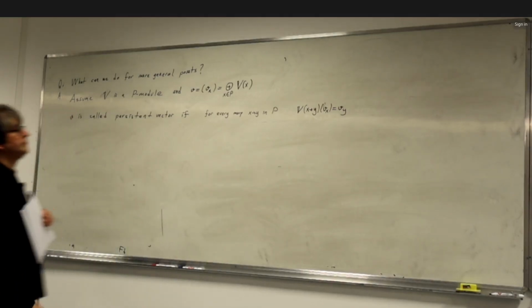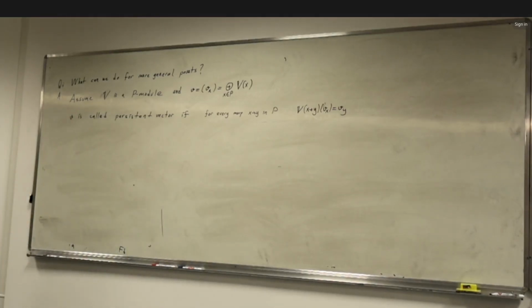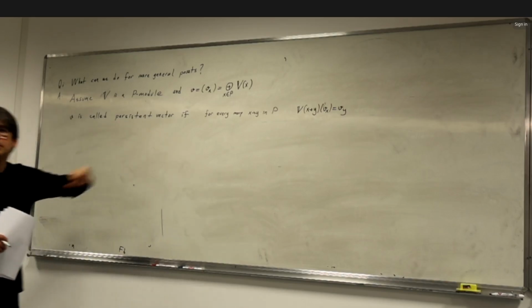Right. So somehow, if the vectors are compatible, we call it a persistent vector.